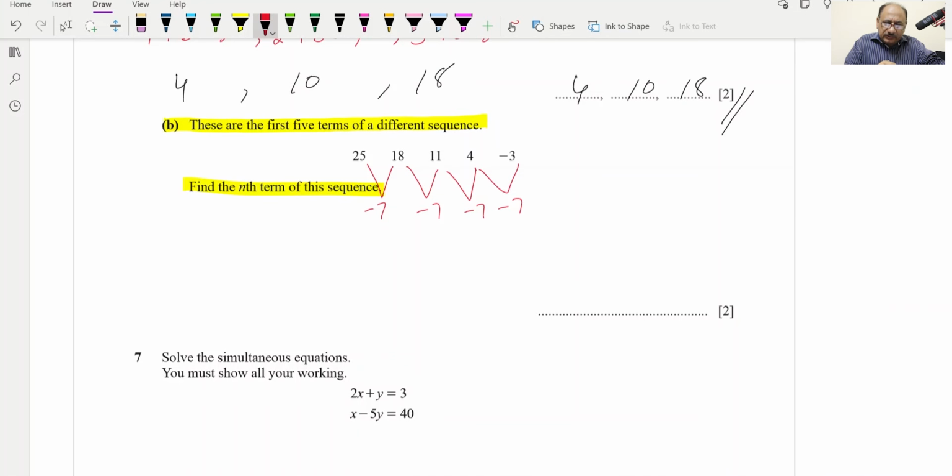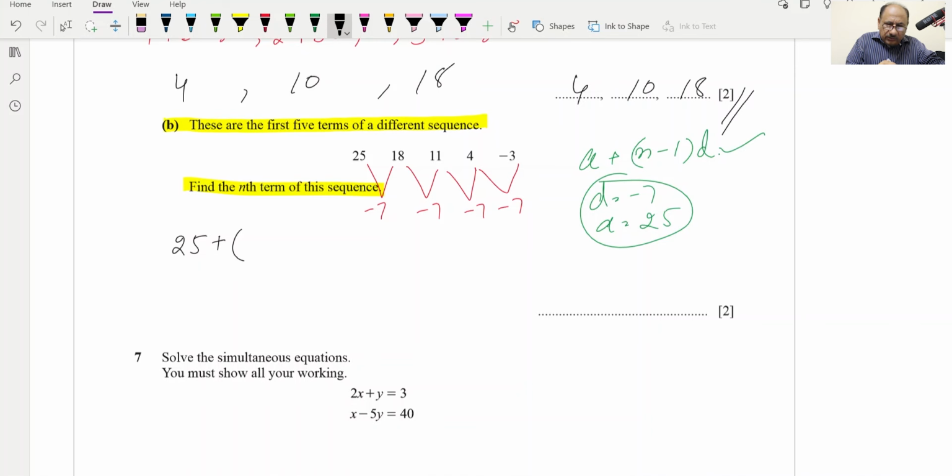is minus 7. So we can write the formula which we are using: a plus n minus 1 into d, and d is equal to minus 7, a is equal to 25. These two values we will replace in this formula, and we will get the answer. It is 25 plus n minus 1 into minus 7, and we can open the bracket.